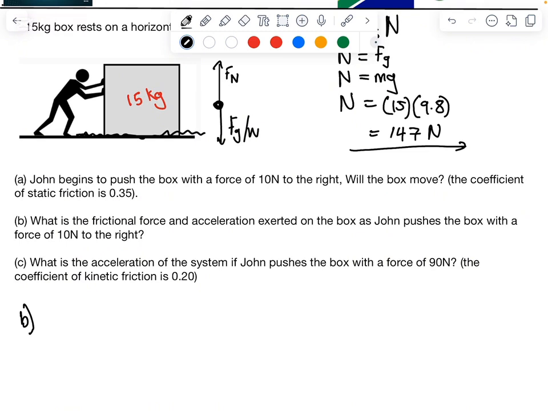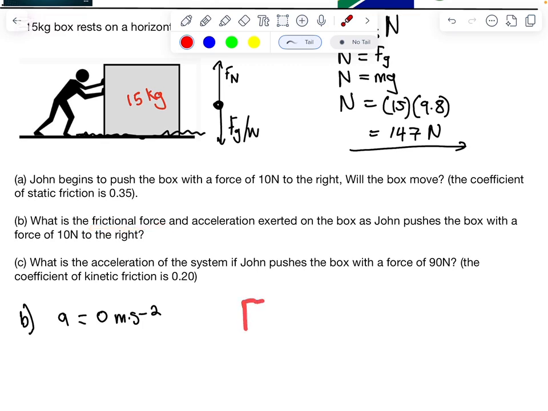So the object is not going to move, meaning that the acceleration is 0 meters per second squared. So we have already answered this part for the acceleration. Now we need to answer this part for the frictional force, right?